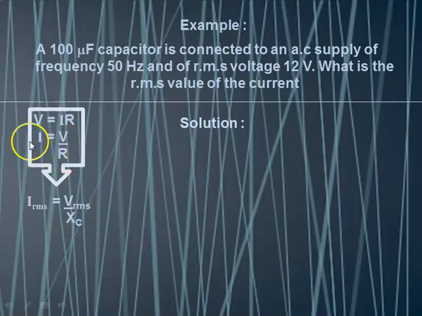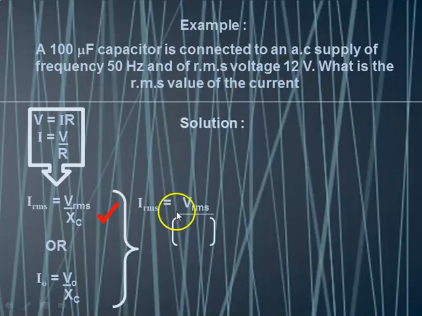Using this equation is easier to memorize. And if you use I peak, V also must use V peak, so I peak equals V peak per Xc, or reactance. We choose the first equation because the question gives RMS voltage 12 volts.